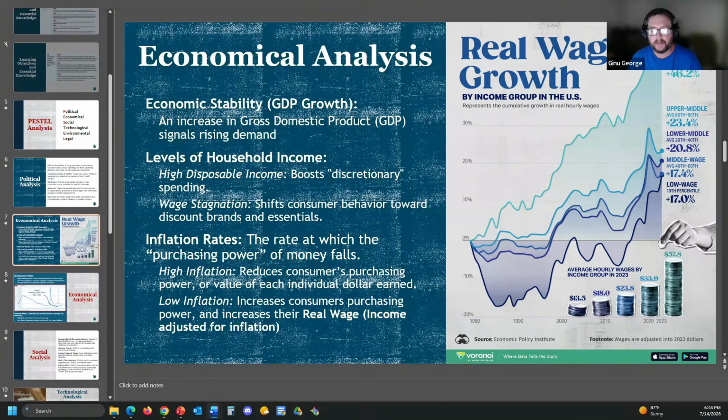High inflation takes away from the real value of every dollar you earn. That forces consumers to pull back, while low inflation stabilizes real wages and preserves purchasing power. So when you have high inflation, you cannot buy as much. When you have low inflation, you can buy a lot more.